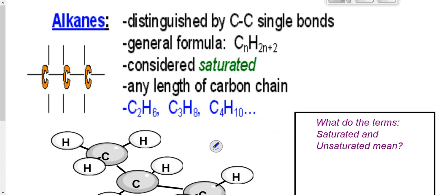Alkanes are any hydrocarbon, so it's got carbon and hydrogen only, that has only single bonds between the carbon molecules. All other bonds then are made up by filling in hydrogens. So take a look at these 2 examples.